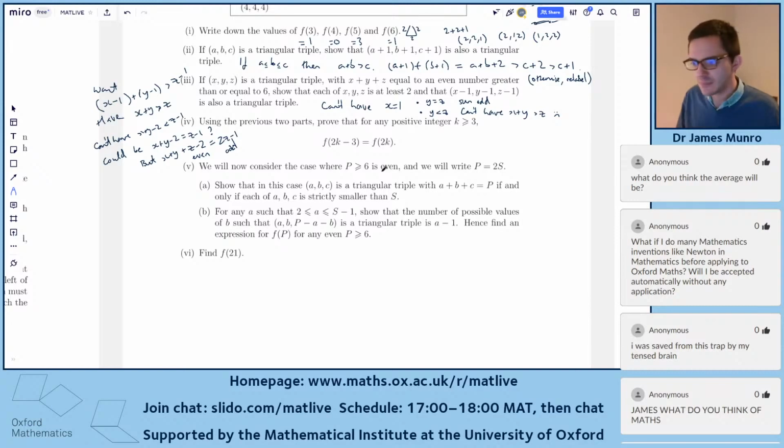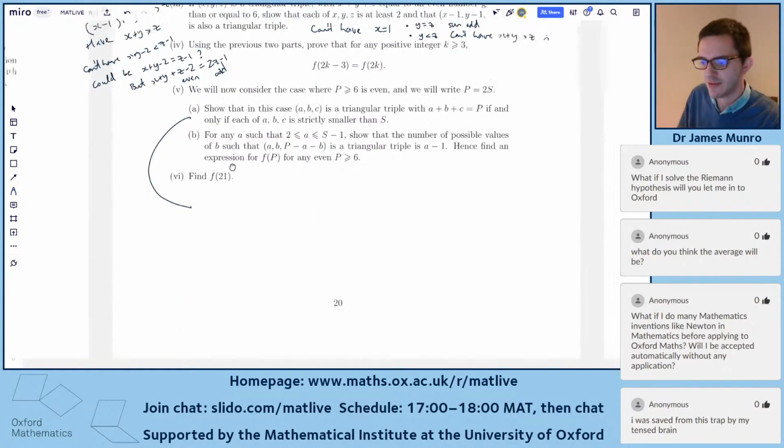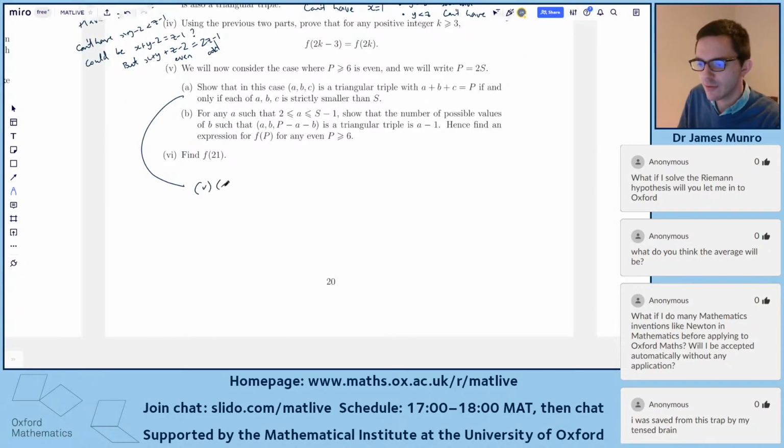Okay. So we're asked to show that if ABC is a triangle triple, each of these is smaller than s. I think s stands for semi-perimeter, but don't expect everyone to know that. So what do I know?